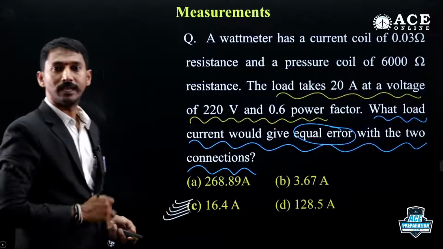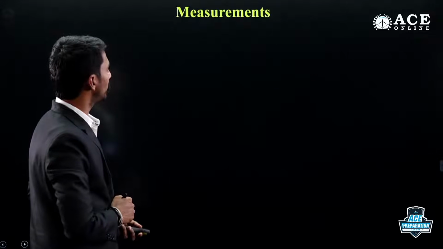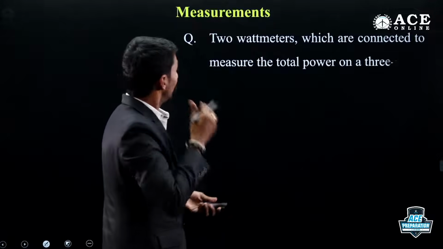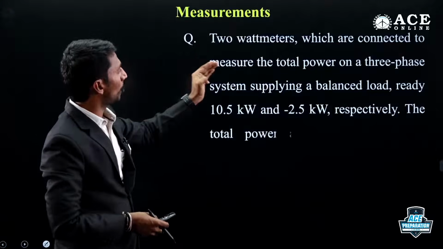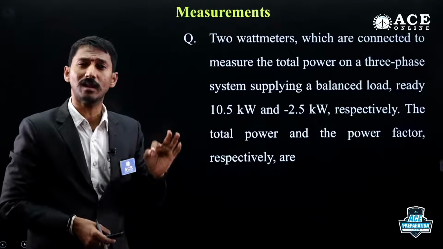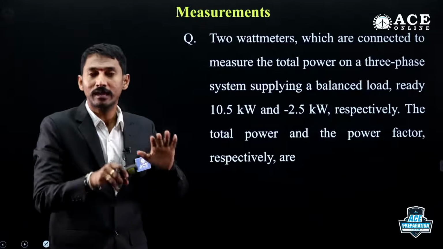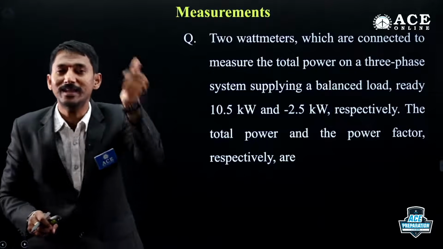Here guys, let us take one more question. Right, now the question is a very simple question. Meters which are connected to measure total power. Very, very, very important conceptual question. Very small conceptual question, without writing anything, directly you can answer.